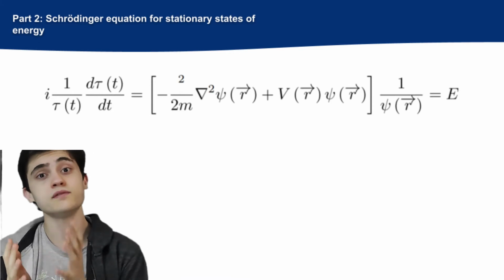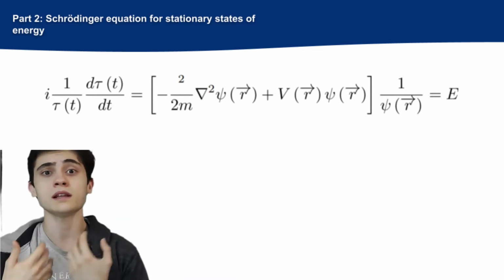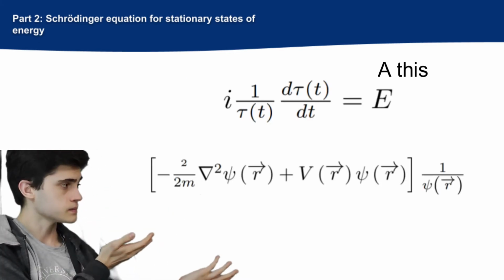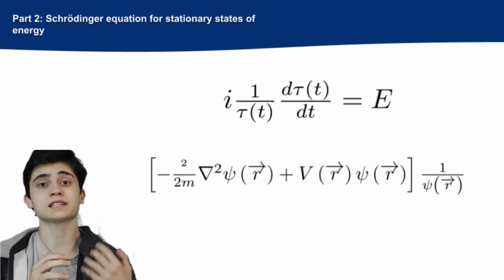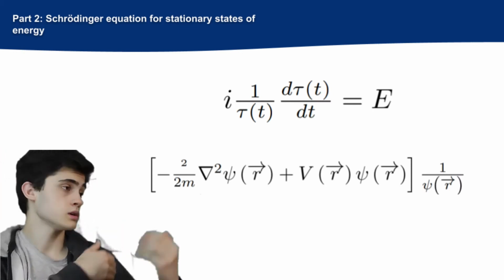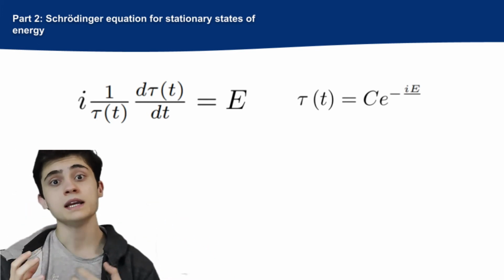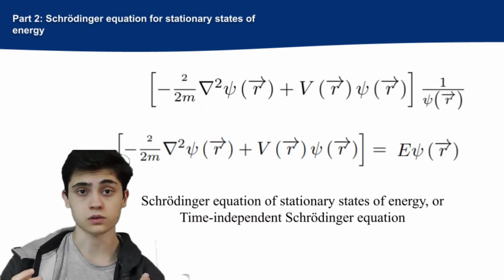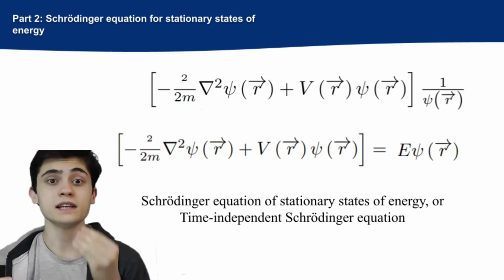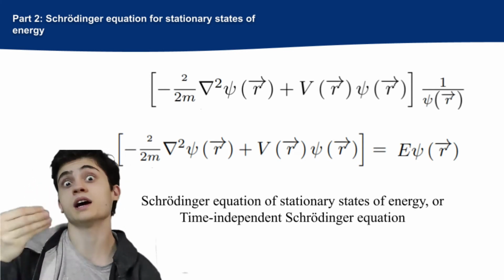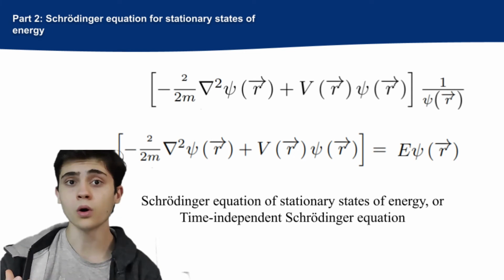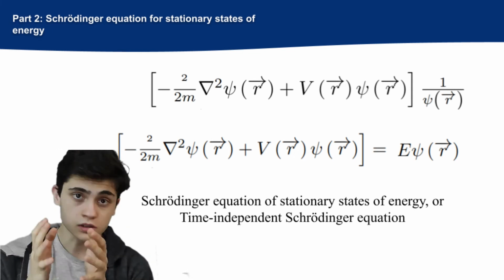And with this, the following equations that we obtain are these. The first equation has a solution of the form this, and the second one is an eigenvalue equation, which is called the Schrödinger equation for stationary states of energy, or time-independent Schrödinger equation.